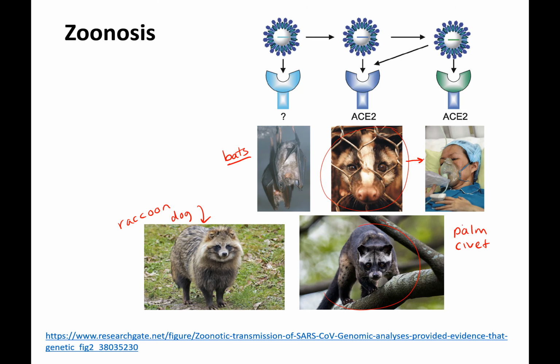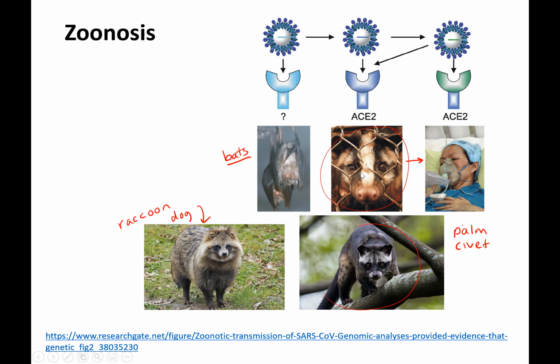And one of the reasons this little guy might be shown in a cage is palm civets are actually kept in markets. So there's different live animals in these live animal markets that you can go and choose the animal that you want to eat for dinner that night.